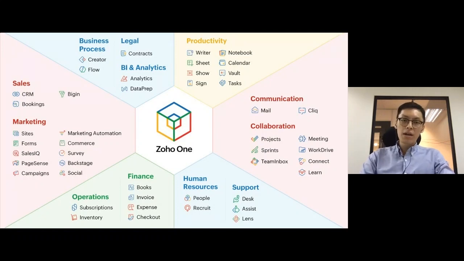Now, we even have the HR side of things, right? If you're talking about simplifying your hiring process, eventually training the candidate and integrating them into your organization, there's an HR tool for that as well. So what we're looking at here is really quite a prolific suite of software. Of course, you don't have to start with everything at once, but rather start with what you're comfortable with. The idea of Zoho One is that we want to make this a self-discovery process.